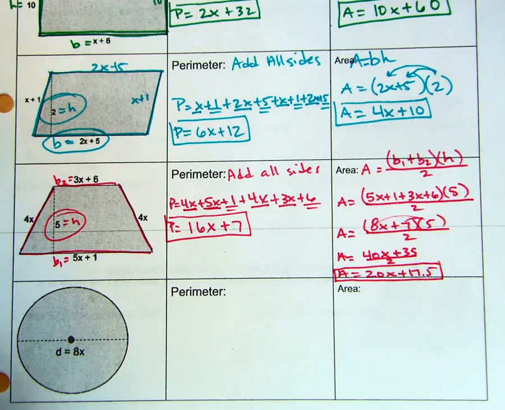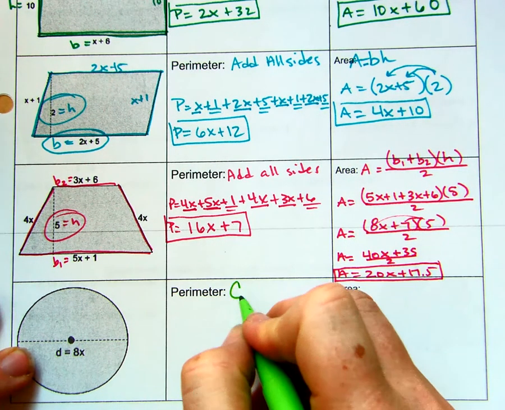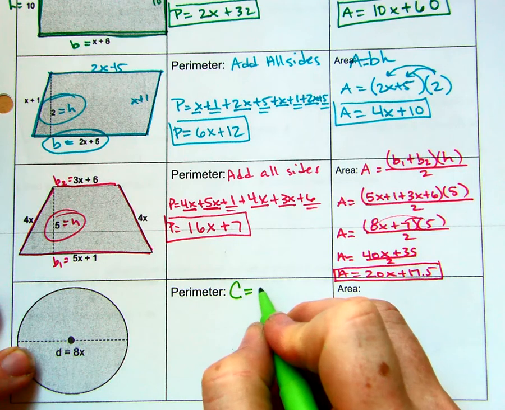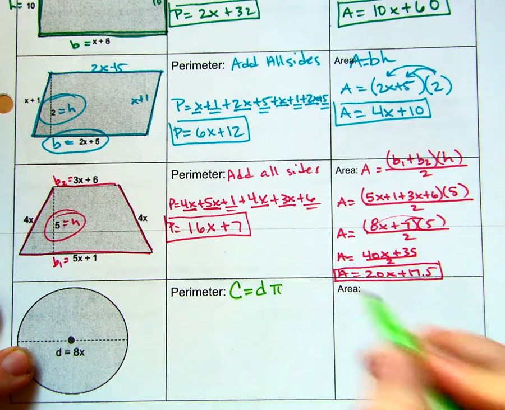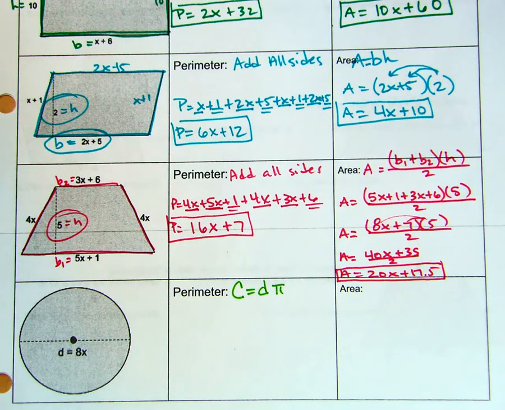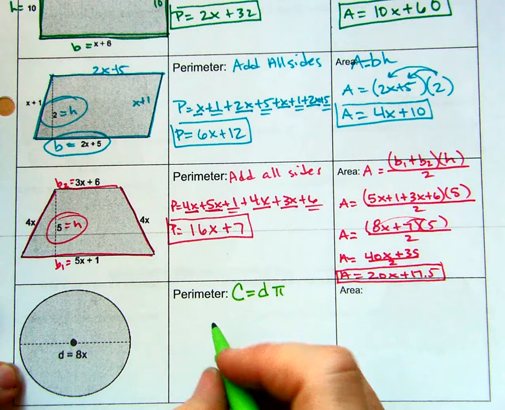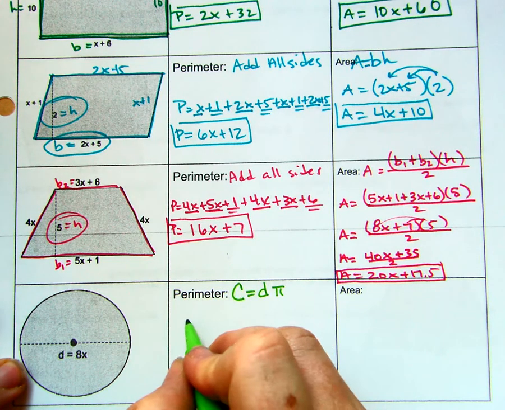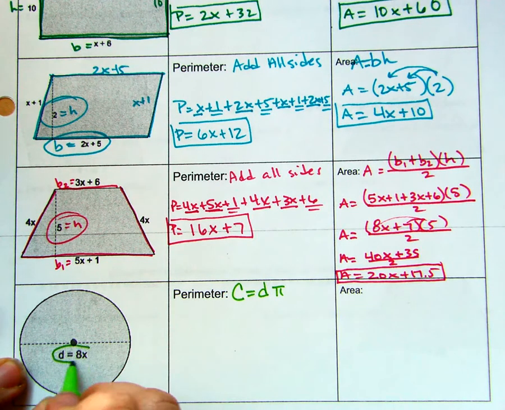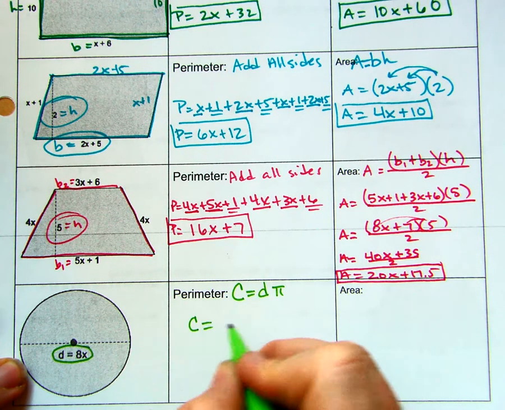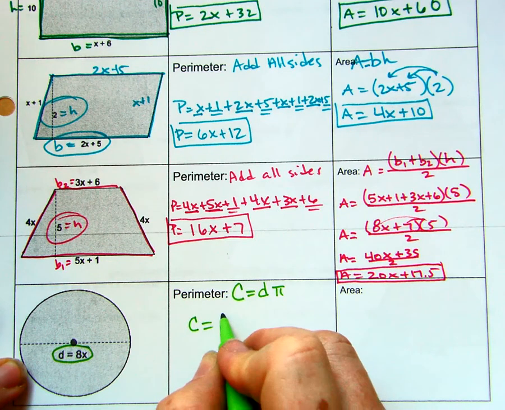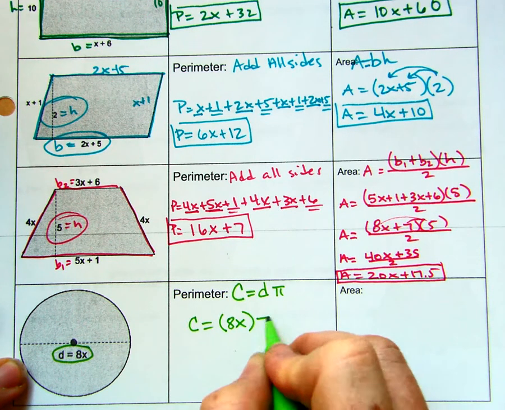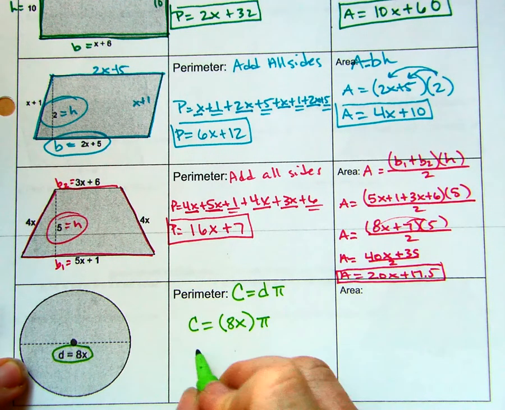And then the circle. To find the perimeter, which we call circumference with a circle, it's going to be the diameter times pi. And remember, we can just leave pi in the formula. And so we're going to come over here and say, all right, well, we know diameter, so my circumference is just going to be my diameter of 8x times pi.